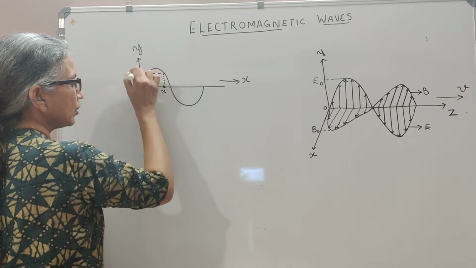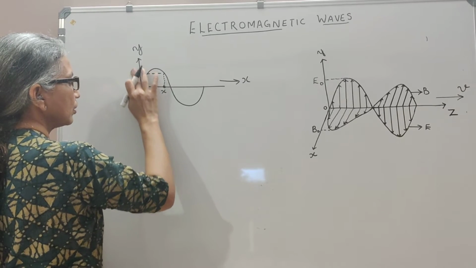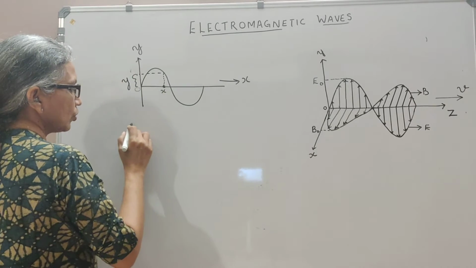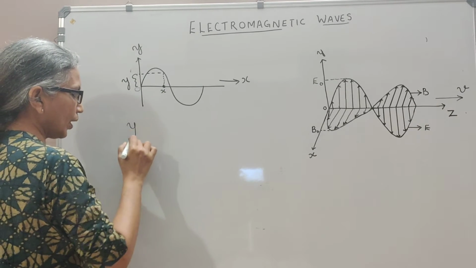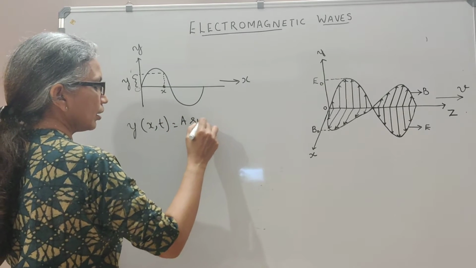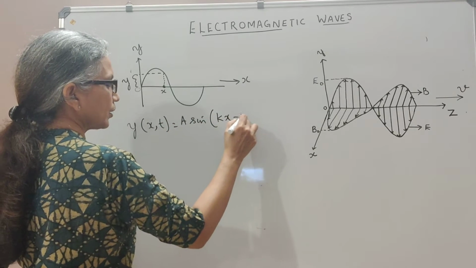Its displacement along this is y. So we represent the wave equation as y(x,t) = A sin(kx - omega t).